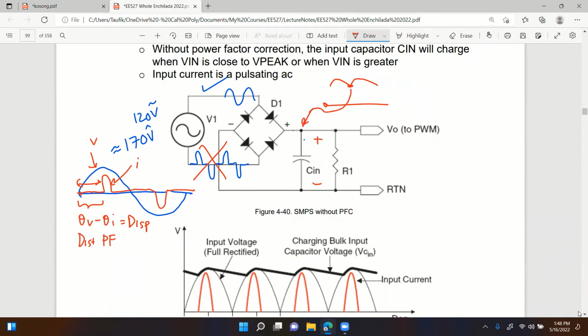If there's a minimum voltage, think about it: if you are the diode right here, how does a diode conduct? A diode conducts when its anode is more positive than its cathode, VA more positive than V cathode.